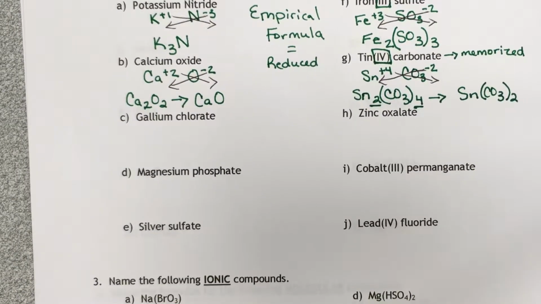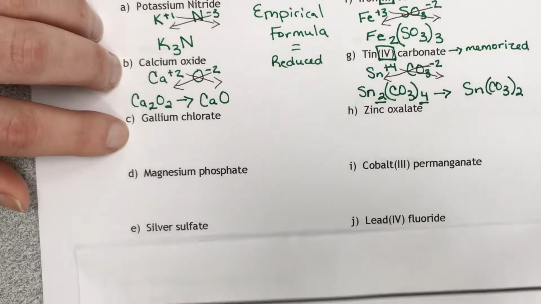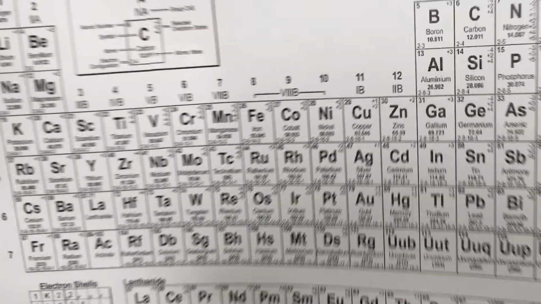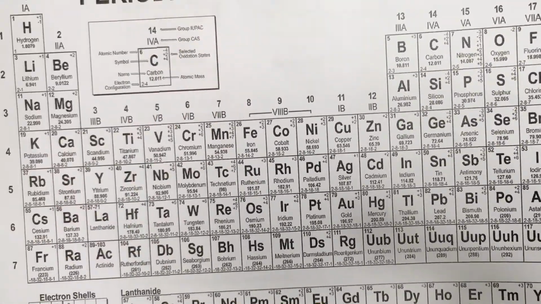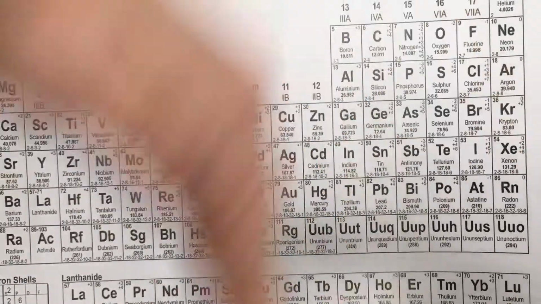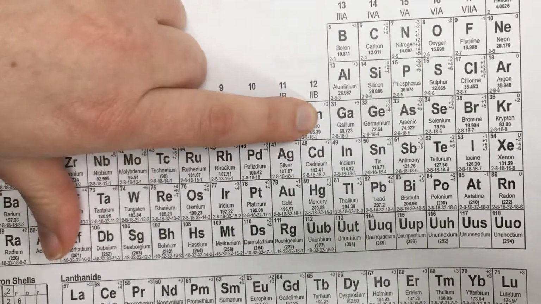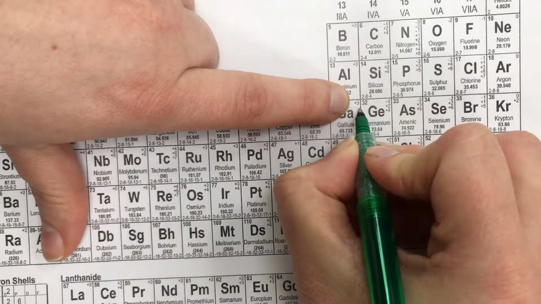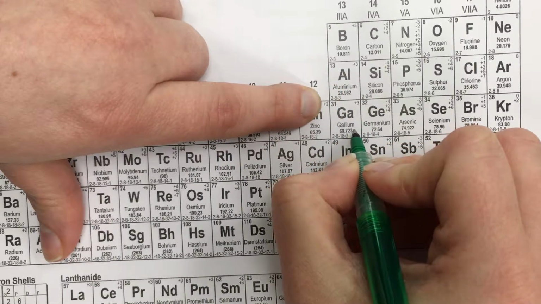Moving on, we're going to start doing these a little more quickly just to save you some time. So gallium chlorate. Gallium is a transition metal, I believe, or one of those weird ones in between. Either way, gallium is here, but it only has one possible charge. It is a +3 possible charge.